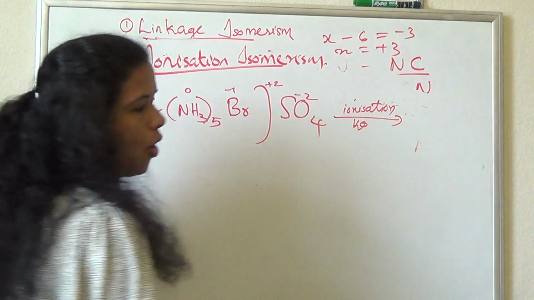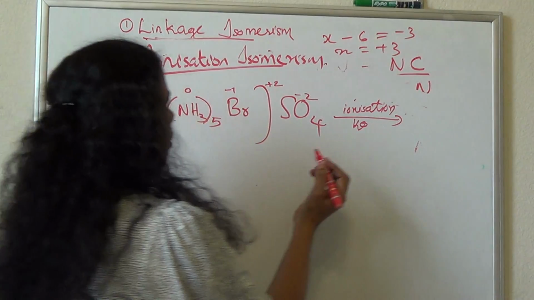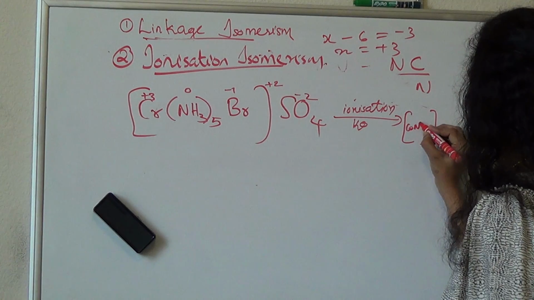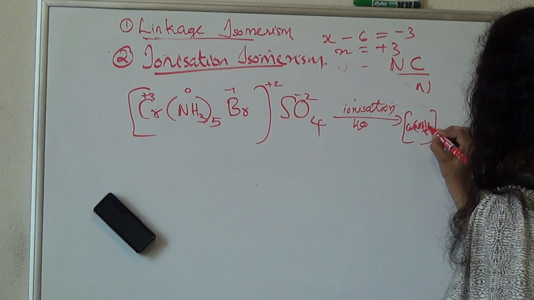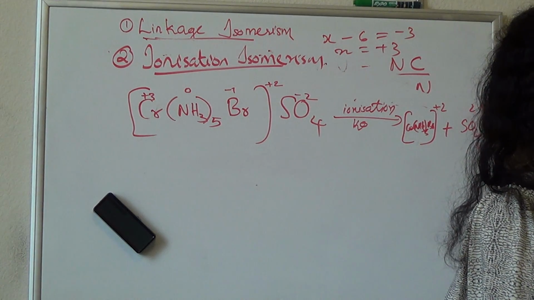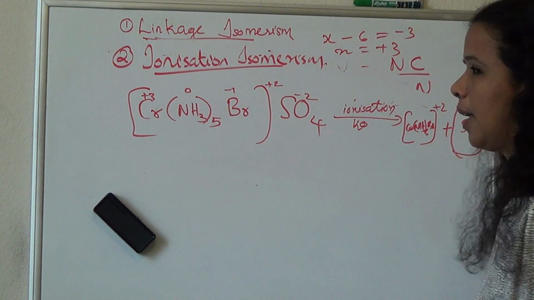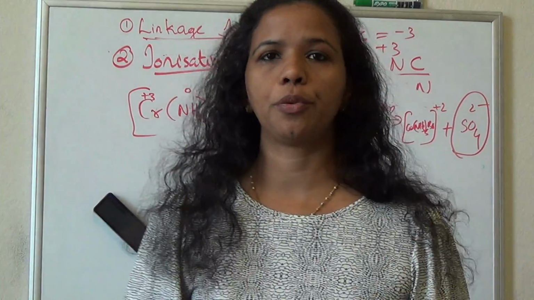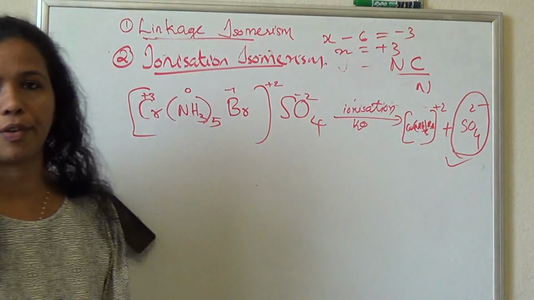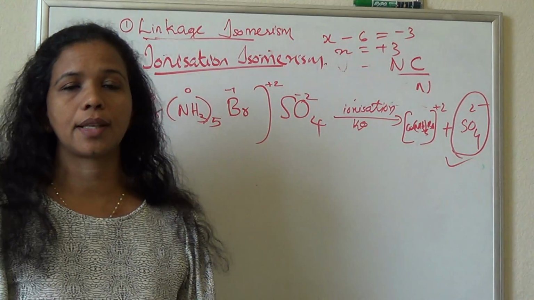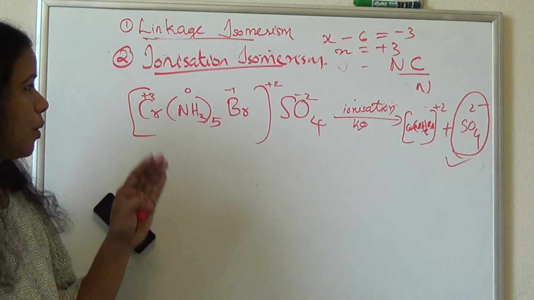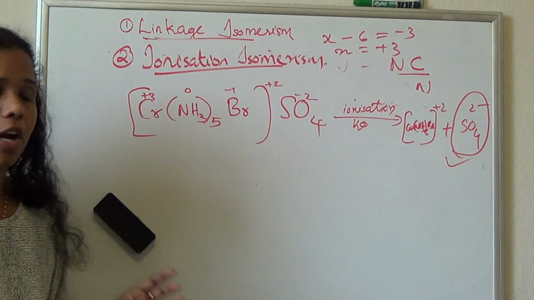We will get two ions: one is the square bracket [Cr(NH3)5Br]2+ and the other is SO4 2-. So when we add barium chloride to that solution, we will get a white precipitate due to the presence of sulfate ions, because they are produced in solution during ionization. Using this same formula, you can write another one.